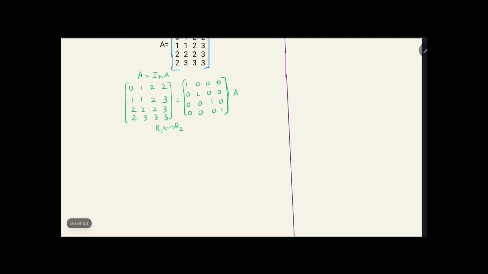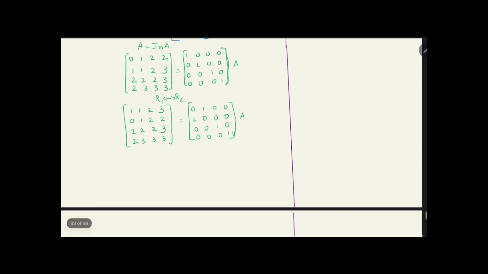So what will be the new matrix? 1, 1, 2, 3, 0, 1, 2, 2, 2, 2, 2, 3 and 2, 3, 3, 3 is equal to, now we have to swap the right-hand side matrix also, so that it becomes 0, 1, 0, 0, 1, 0, 0, 0, 0, 0, 1, 0 and 0, 0, 0, 1 into A.